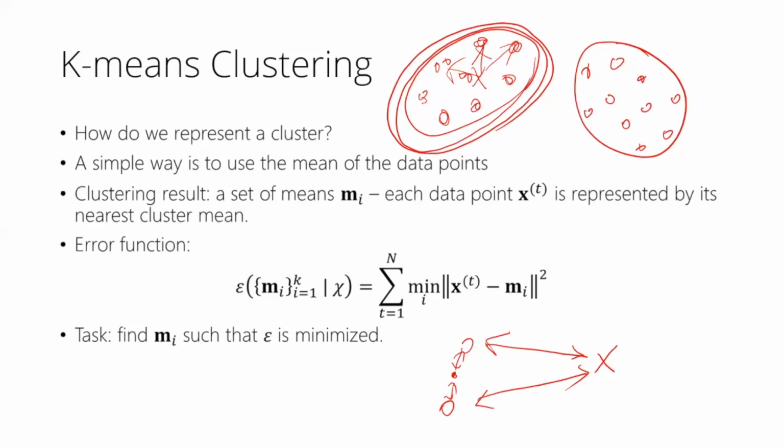We know that the case in the latter has a smaller sum of distance as opposed to the case in the former, right? So in fact, it is quite simple to mathematically prove that the mean of the 2 points, the average of the 2 points, has the smallest sum of distance to each of the data points. And same thing when you have 3 data points, 4 data points, and a total of n data points.